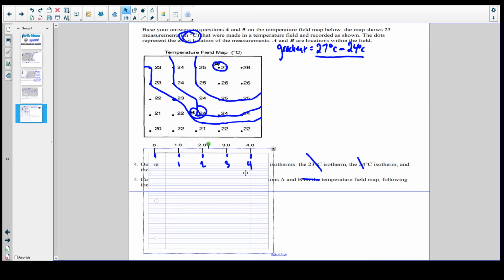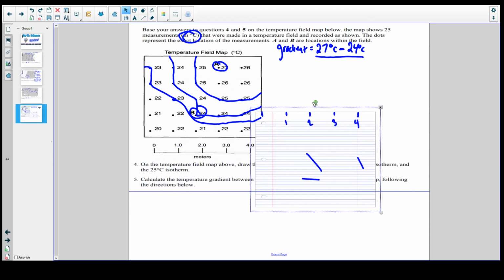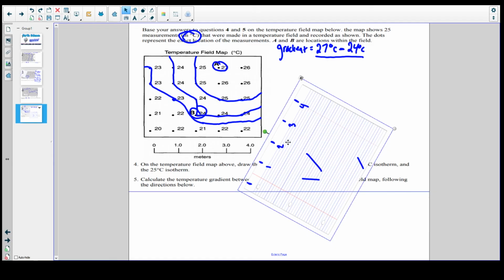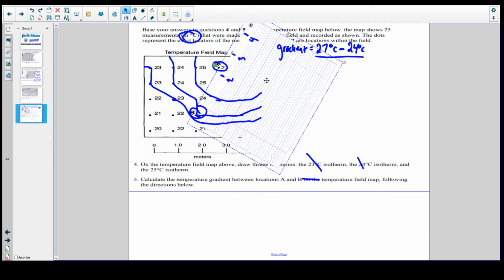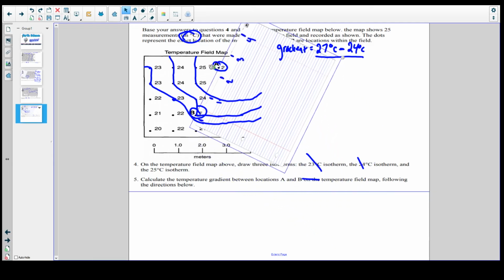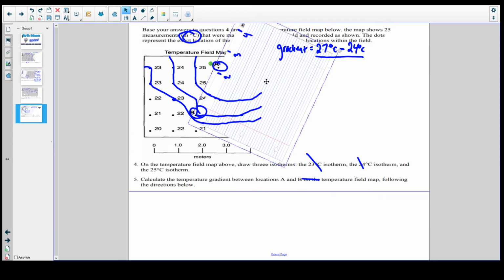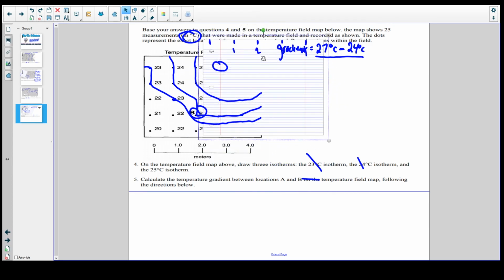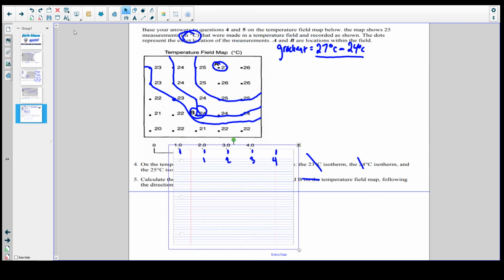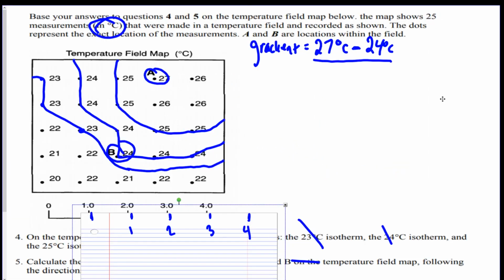Group that. Okay, so we've got to see how far A is from B. We're going to do our best with my little method here. It looks like a little more than 2. 2.1 or 2.2. I like 2.2. Or maybe 2.1. Let's try 2.1.